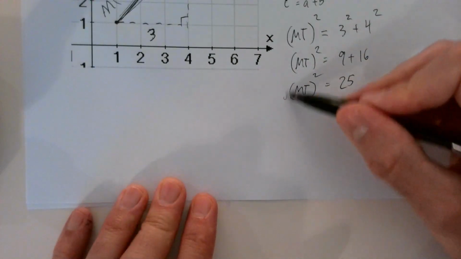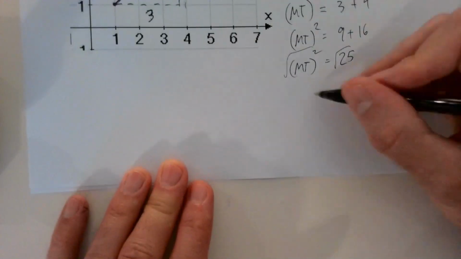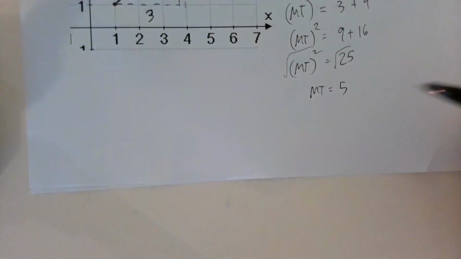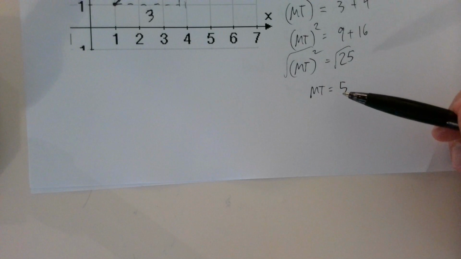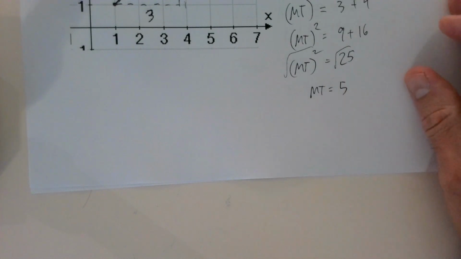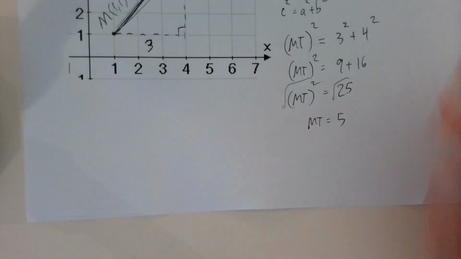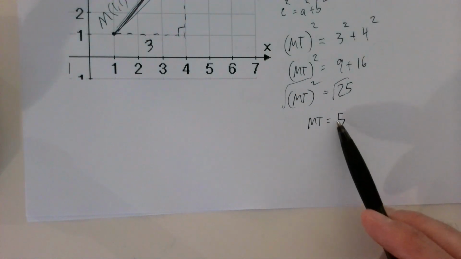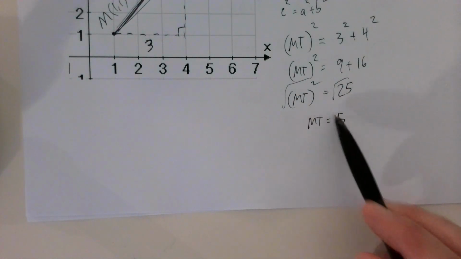And so I can just take square roots on both sides. Okay, if this was a quadratic equation that we were solving, we would have to put plus or minus. This isn't really like a quadratic we've been working with, because mt is a length, and lengths are always positive. So whenever we're looking for lengths, we're never going to do that plus or minus.